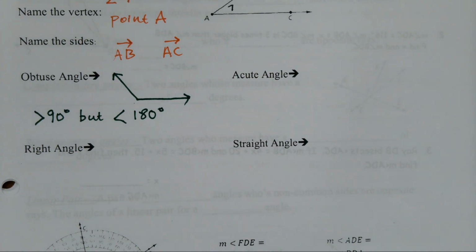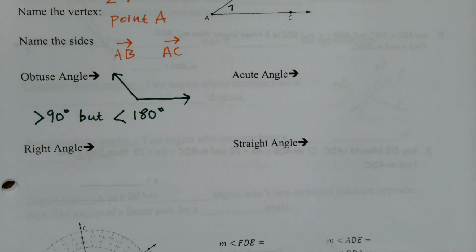Are you okay with these symbols? If you're not, make sure that you write that out as greater than or more than 90, but less than 180. I use a lot of symbols just to shorten it up. Math people can be lazy. We don't like to write a lot. That's why we don't write out the word plus. We use a plus sign, equal sign, all of that stuff.